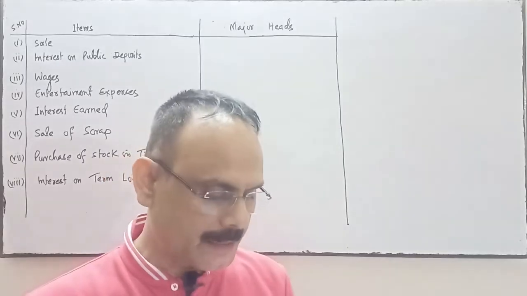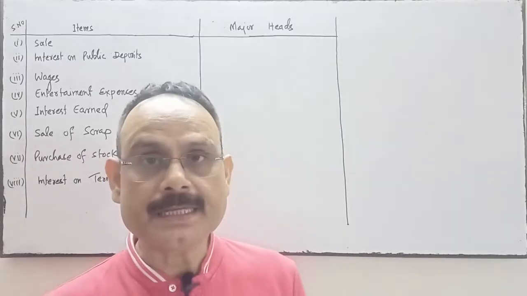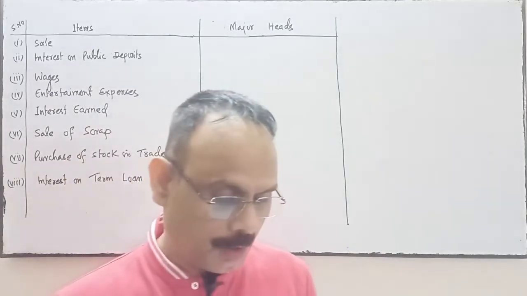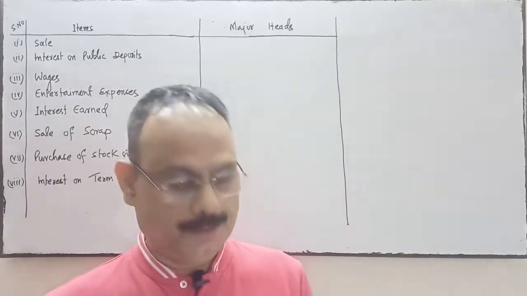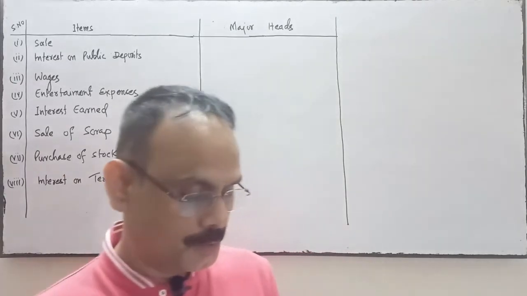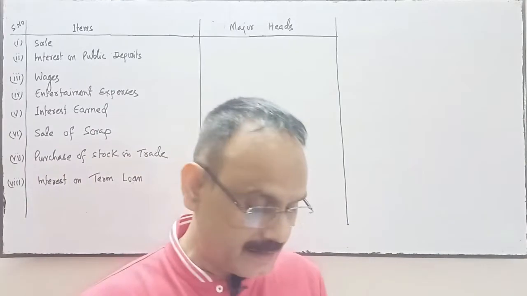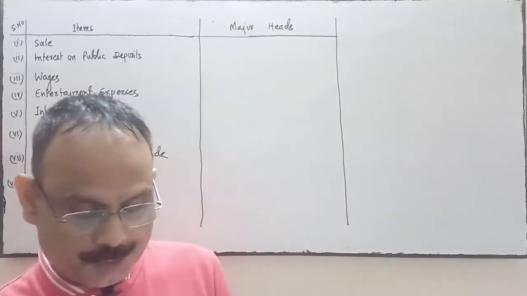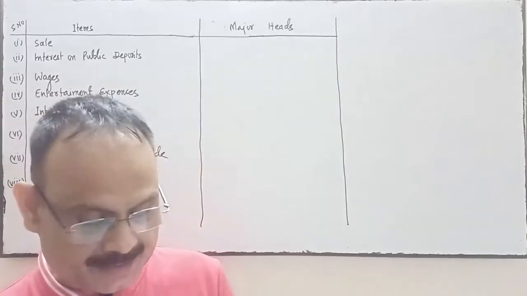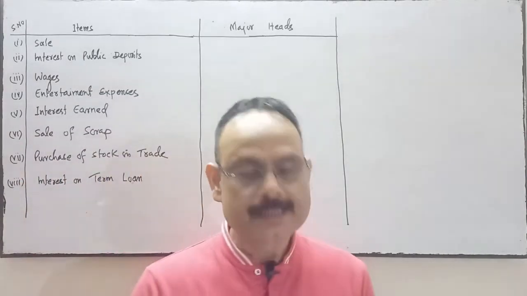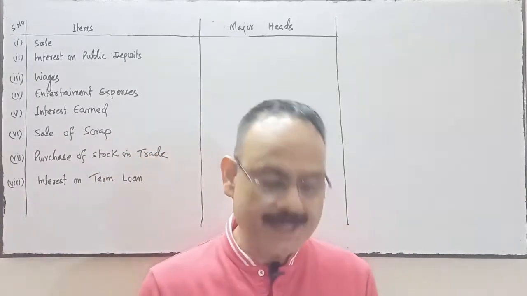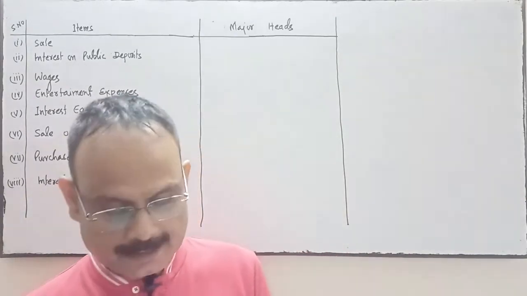So the question is, under which line item or major head of the statement of profit and loss of a company will these be shown? The items are sales, interest on public deposit, wages, entertainment expenses, interest earned, sale of scrap, purchase of stock in trade, interest on term loan.